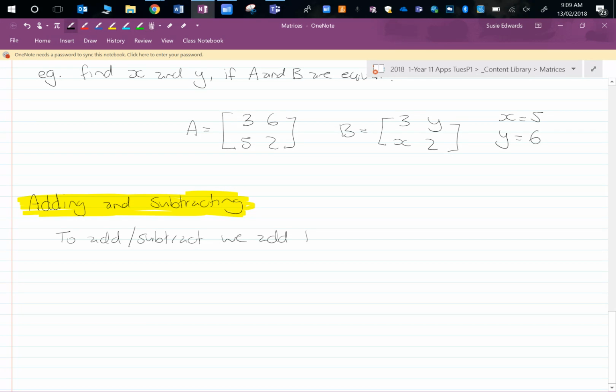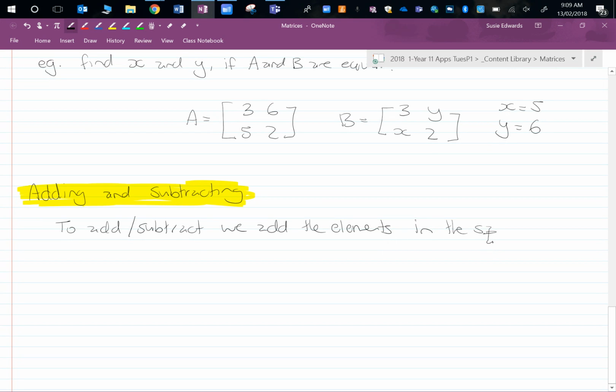We add the elements in the same positions in each matrix.